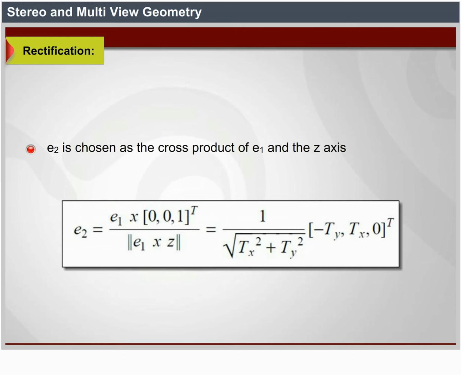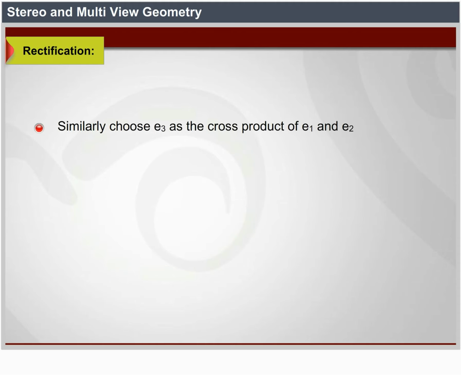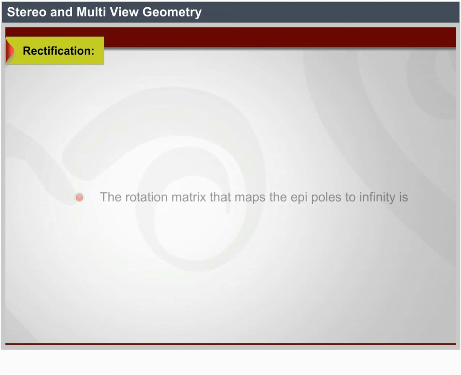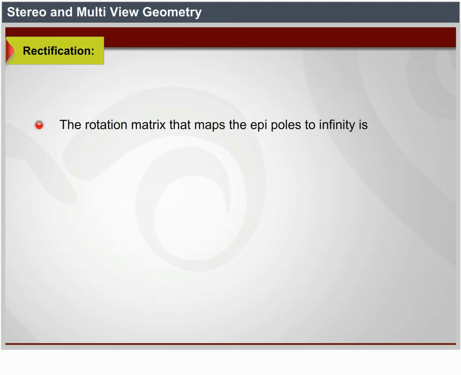Similarly, choose e3 as a cross product of e1 and e2: e3 = e1 × e2. The rotation matrix that maps the epipoles to infinity is given on the screen.